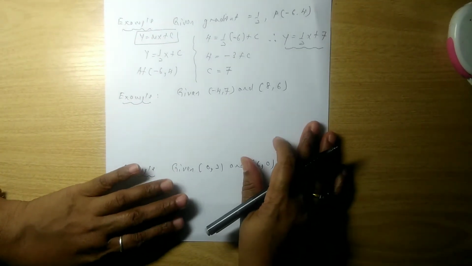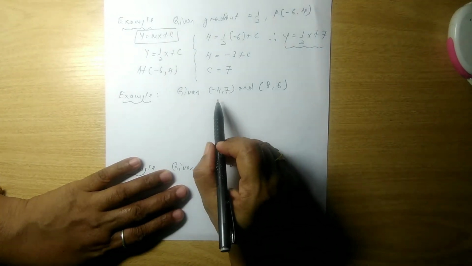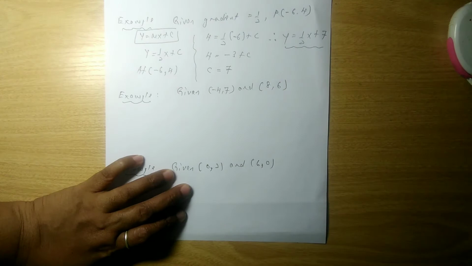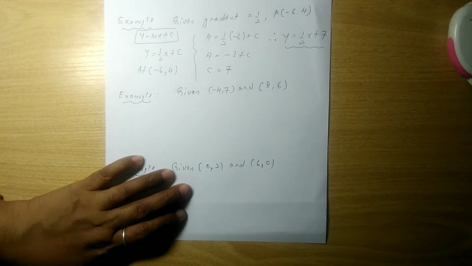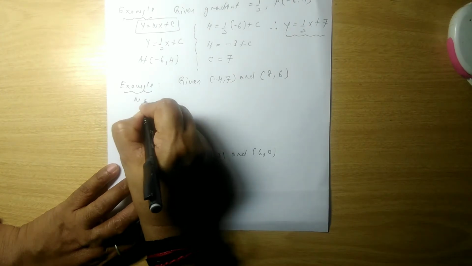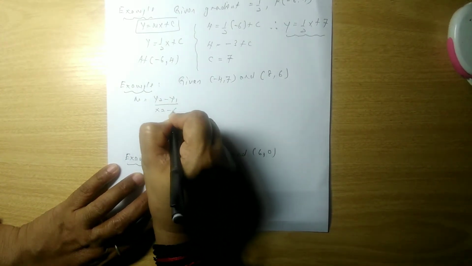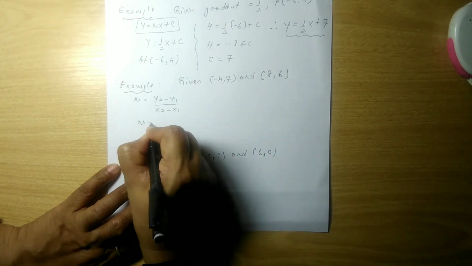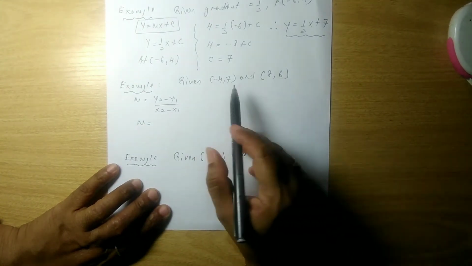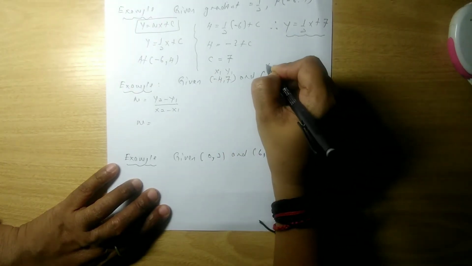Now what happens if you're given two coordinates? If you're given two coordinates, number one is to find the gradient. The gradient formula is y2 minus y1 over x2 minus x1. Which one is your x1, y1 depends on you.